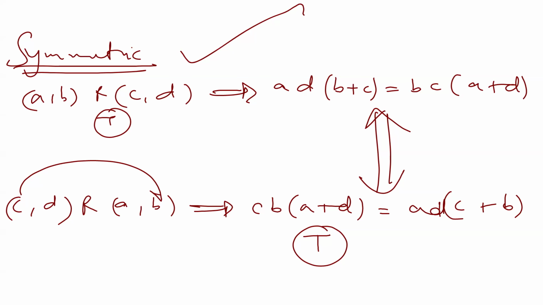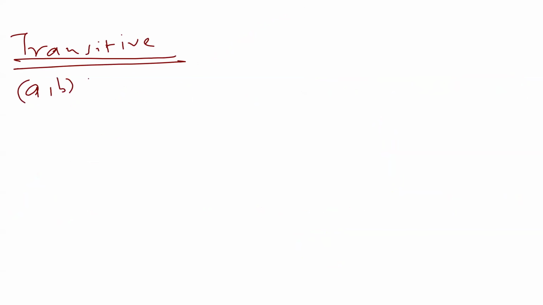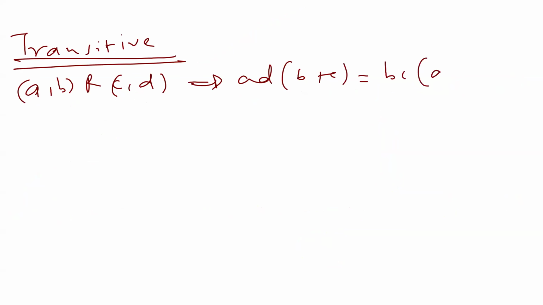Now we need to check the transitivity as well. So transitive. AB relates to CD implies AD(B plus C) equal to BC(A plus D). Equation 1.